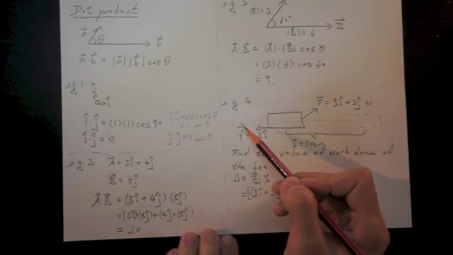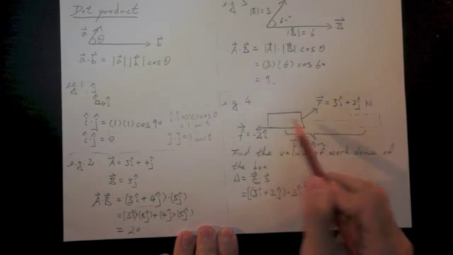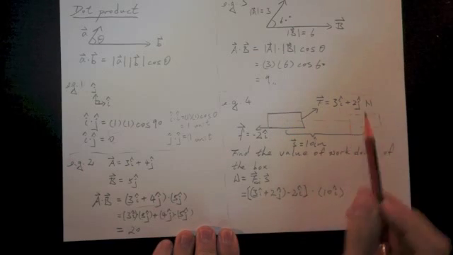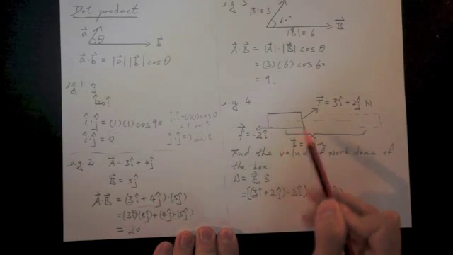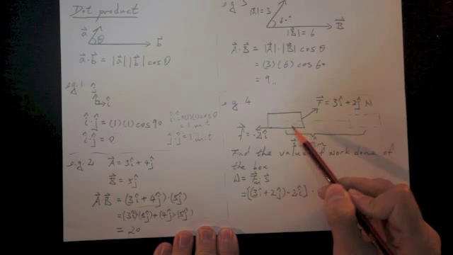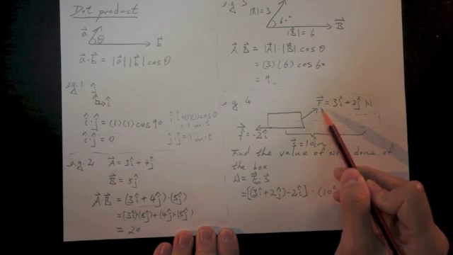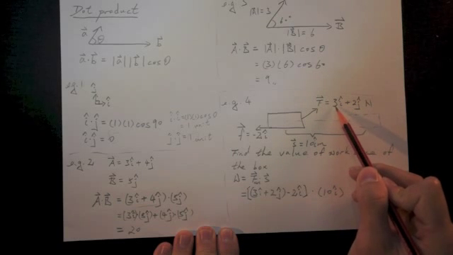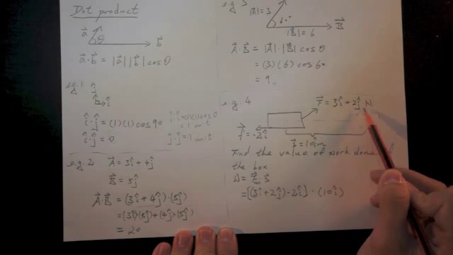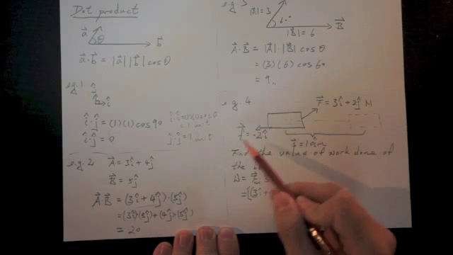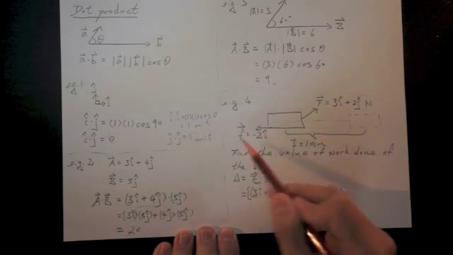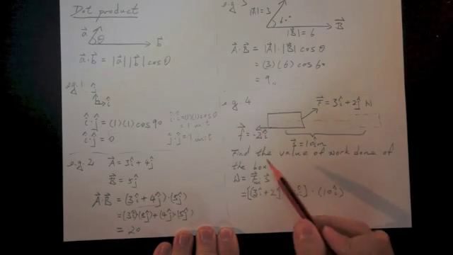Consider some examples more practical or more physical. We have our box here, and we apply a force F on it. It is 3i plus 2j Newton. And also we have our frictional force, like the previous example.